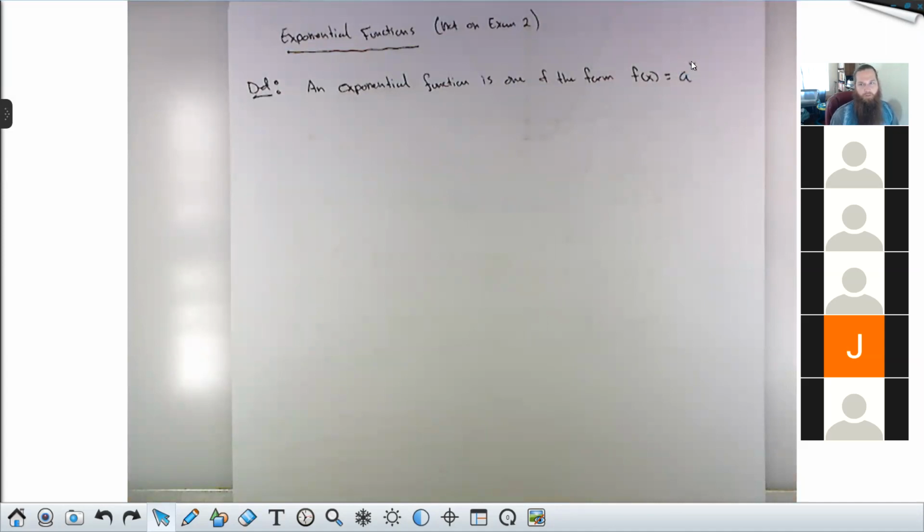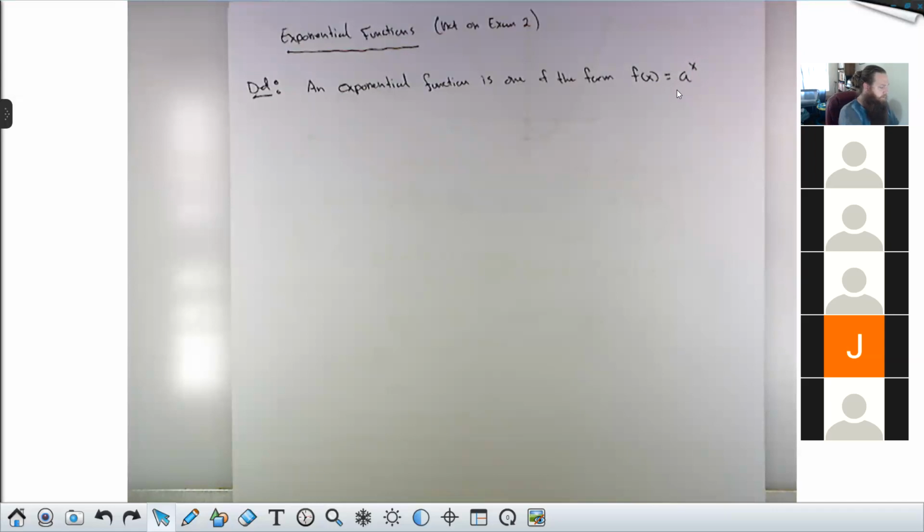But the big deal is that the variable x is in the power now, and we haven't seen that anywhere in the semester, right? Polynomials, power functions, rational functions, they all have powers of x, like x squared, x cubed, x to the 1/2, stuff like that. But they never have a power that is x. So this is entirely new, and it's going to give us completely different graph shapes, lots of new behavior terminology. These things do have asymptotes. They've got lots of cool features.